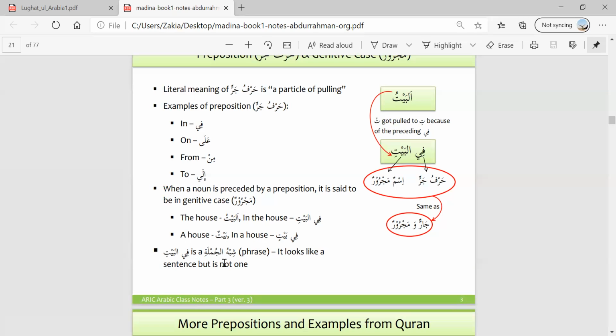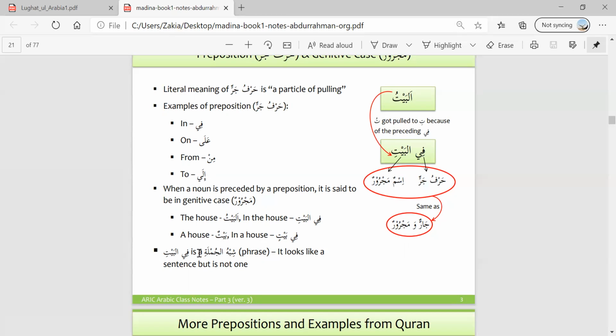So there's three main parts to a sentence. We've seen jumla ismiyya, which is the nominal sentence. This is called shibh jumla, which we refer to after the preposition, anything after the preposition. So from the preposition onwards, any other words that follow it are referred to as the phrase called shibh jumla.